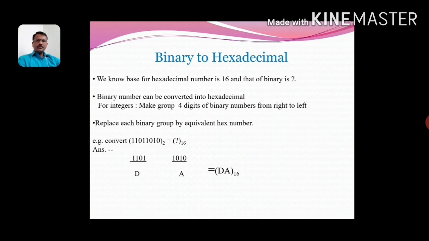Convert this binary to hex. From right to left there are a total of 8 bits, so we can make 2 groups of 4 bits. From right to left, first is 1010, another is 1101. So 1101, its equivalent hex is D, and 1010, its equivalent is A. So the equivalent hex number of the given binary is DA.